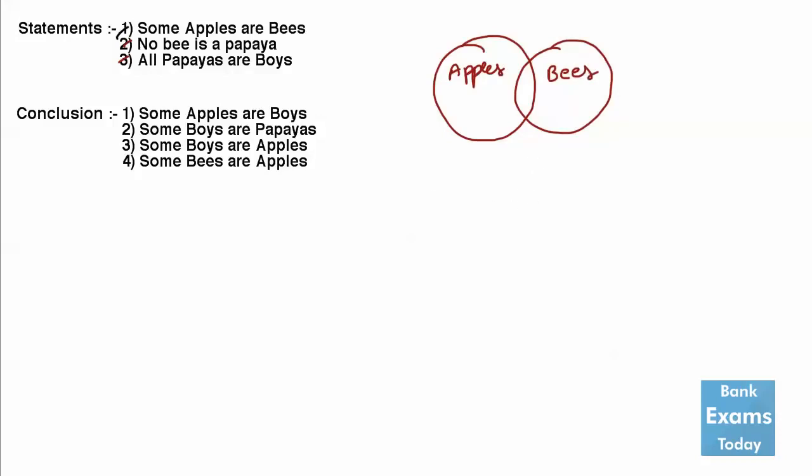Then no bee is a papaya. Here goes the papaya. Papaya can be here or the papaya can be here. The papaya circle can be anywhere except this circle, this bee's circle. And the third one is all papayas are boys.